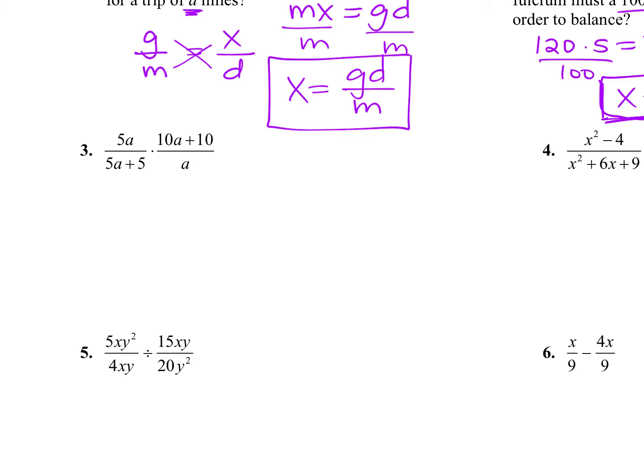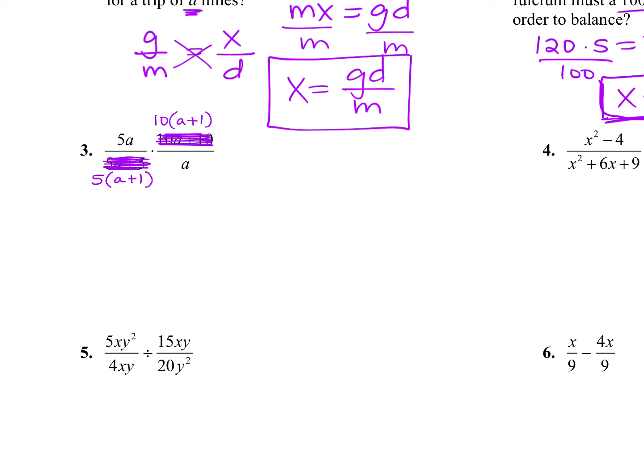Take out the 5, sure. So if we factor out a 5 here, that would be a plus 1. I'm just going to cross that out and pretend it's sitting in the right spot. What else can you do? Factor out a 10. And you're left with a plus 1. Okay. Now what?